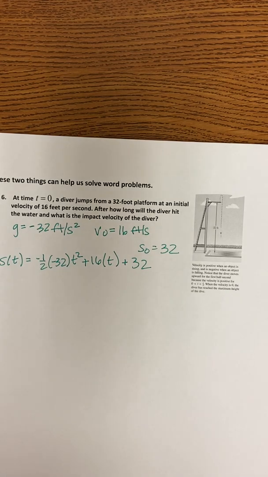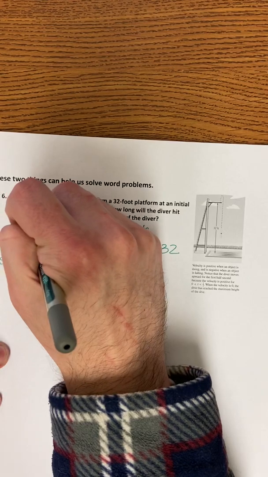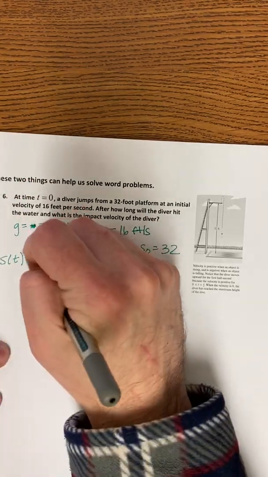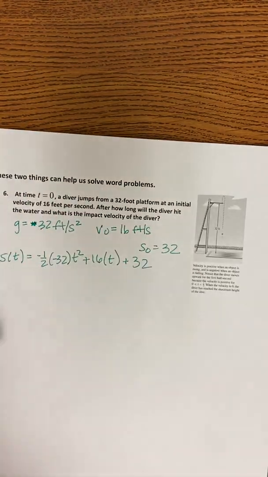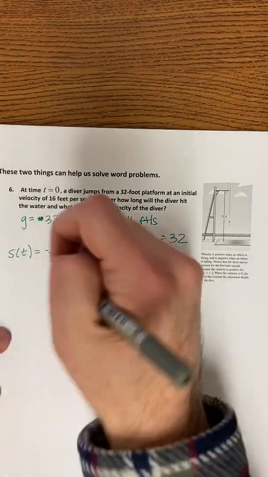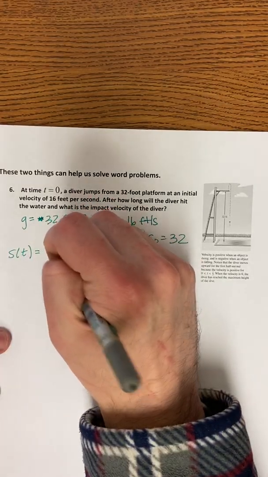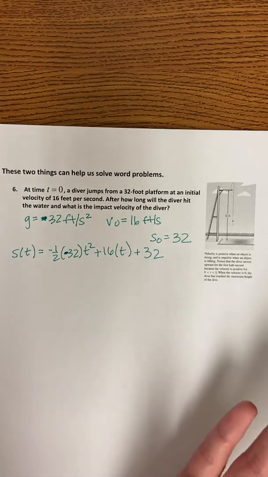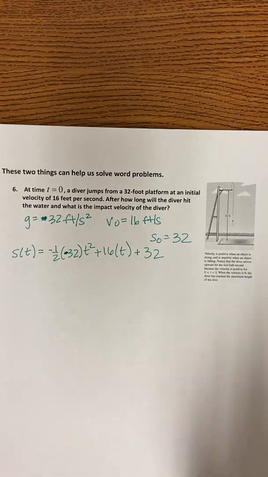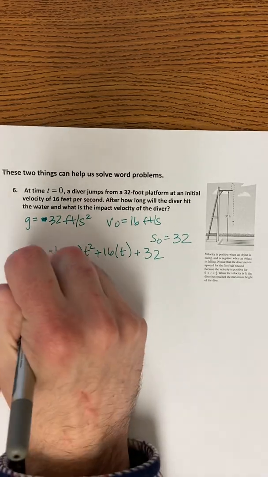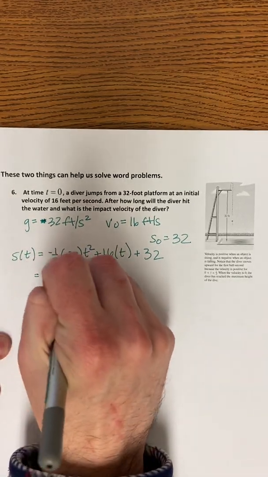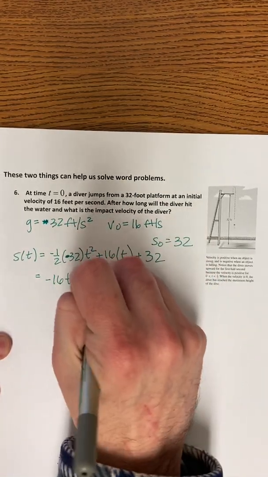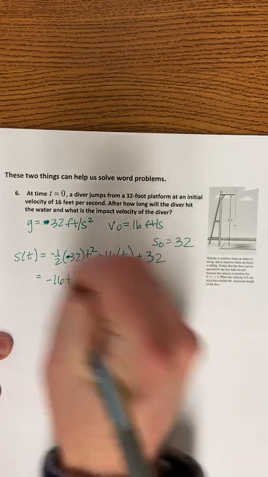Now I actually think, because the negative 1/2 is already out there, the gravitational force, 32 feet per second, should be positive in this case because they're already accounting for the negative. That gravity tends to make you fall. So I'm going to assume that they want the gravitational force to be 32. Normally I would just say it's 1/2 times the gravitational force, but since we're putting the negative 1/2 in there, it'll just be 32. But this simplifies to negative 16t squared plus 16t plus 32.